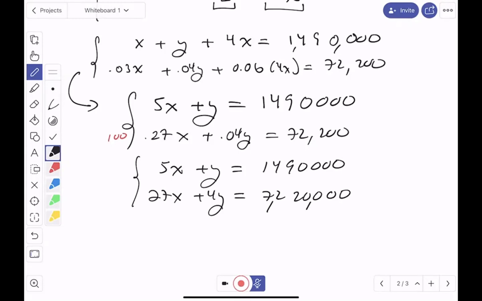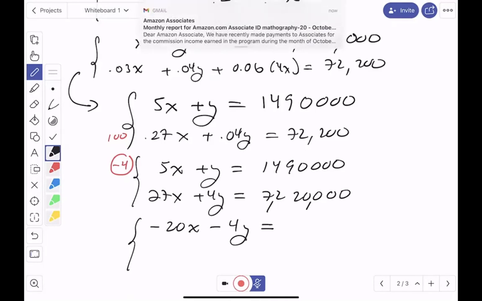I'm going to multiply the top equation by -4 now. Let's do that. Minus 20x minus 4y. Boy, it's going to be some work, isn't it? So let's write this down.